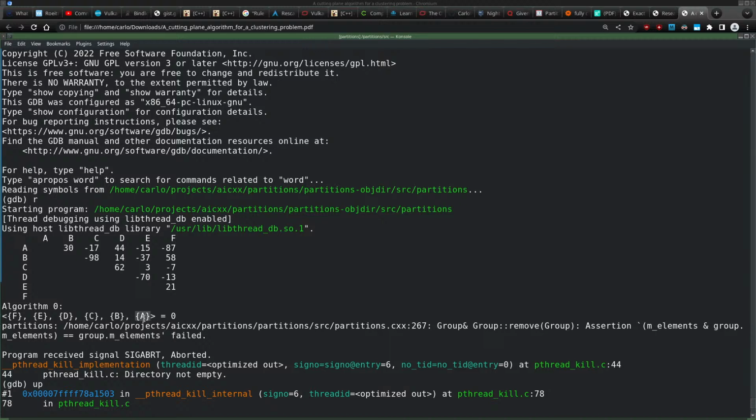So we have only A in this group, only B in this group, only C, etc. So I have 6 groups, each with one element. By the way, I represent my elements with bits, and the groups with bit masks. So this is 1, this is 2, 4, 8, 16 and 32.